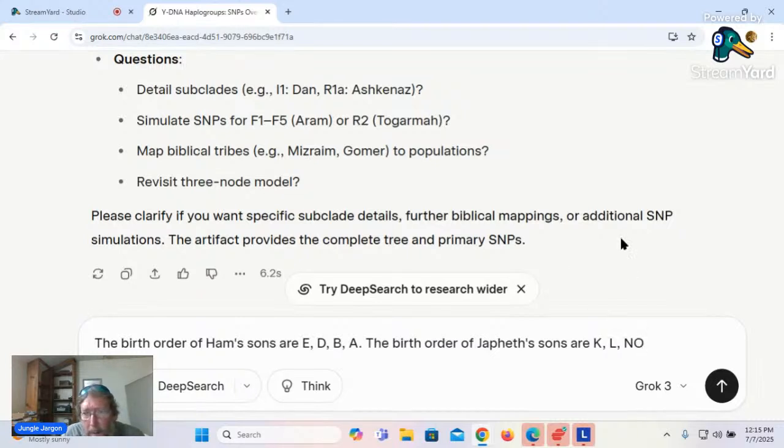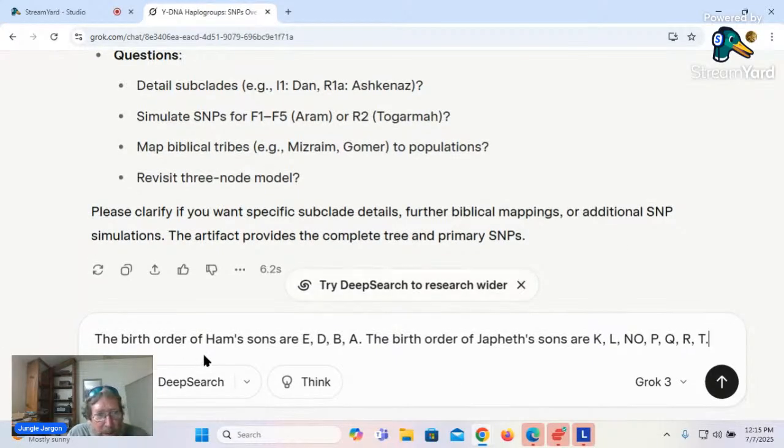L N O, P, Q, R, T. There we go. So should be able to understand this. It's like computer code. Should be able to understand it, no problem.